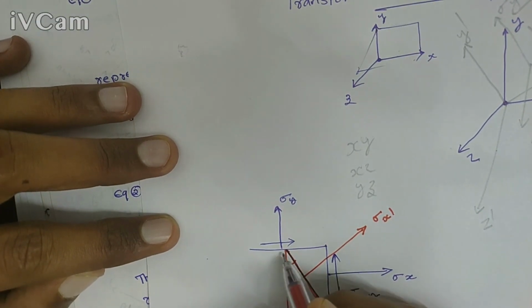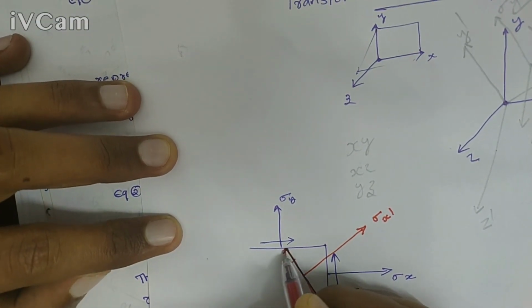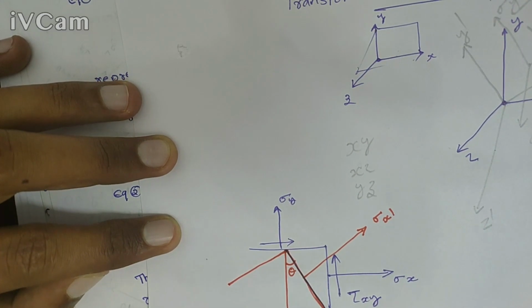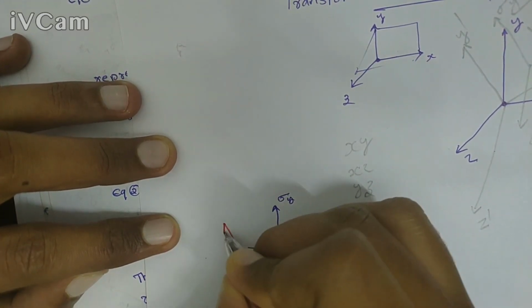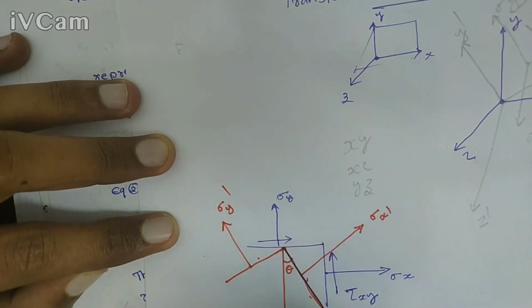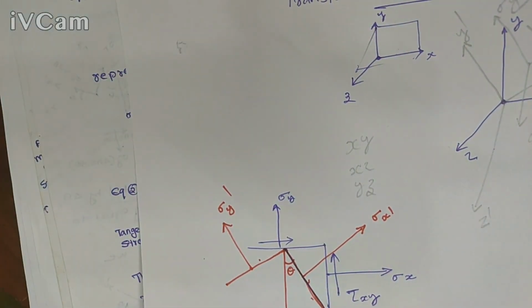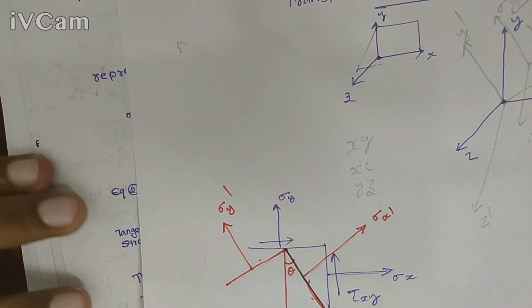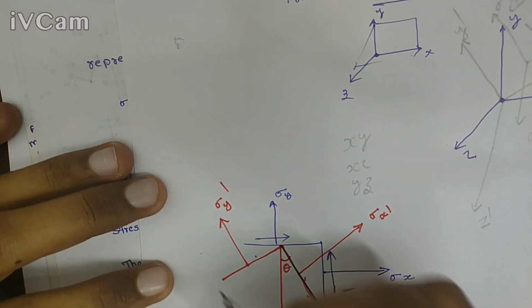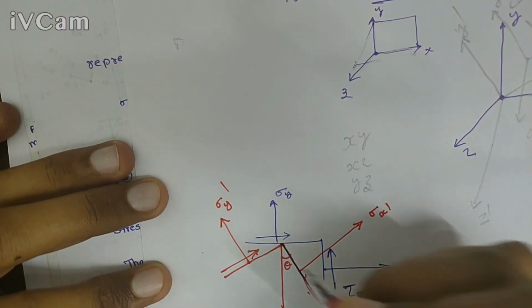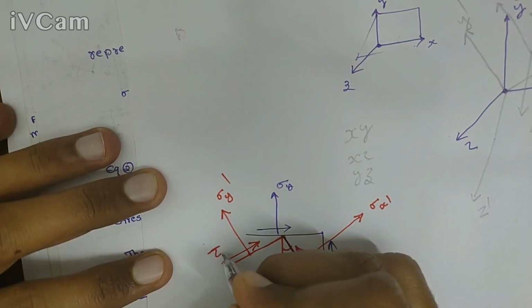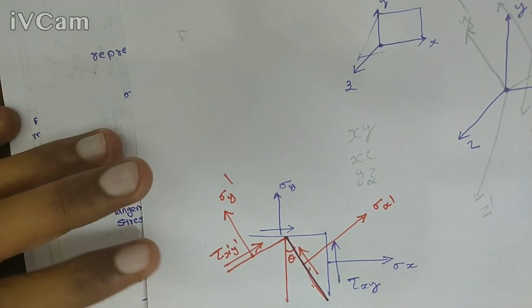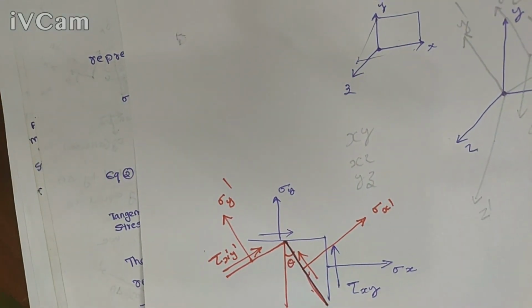And the same way for the other face, these two are 90 degrees apart. This is sigma y dash. What is the value of sigma y dash? And the shear stress acting on these two planes is tau x dash y dash. What is the value of tau x dash y dash?